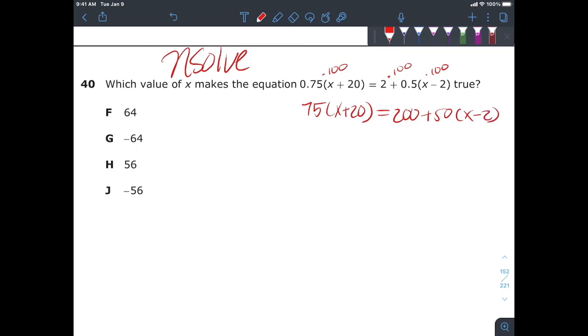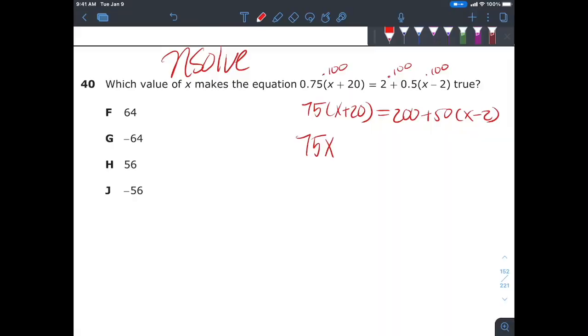All right, so I got this. Now I'll go ahead and start distributing. Now remember, of course, you can do this a different way if it makes more sense, but this is just what I thought would be easy for me.